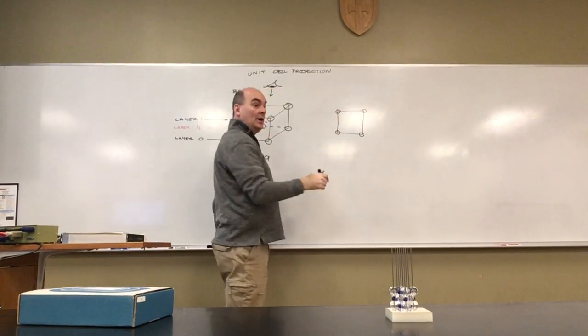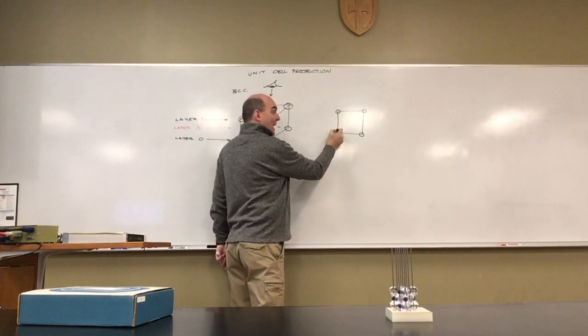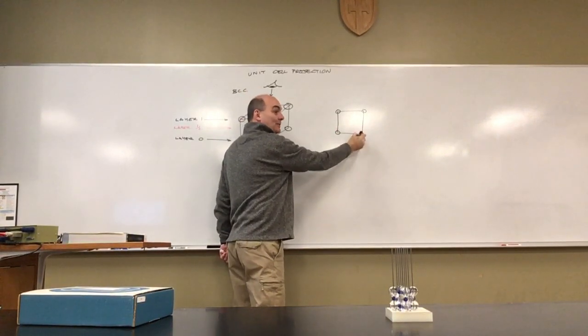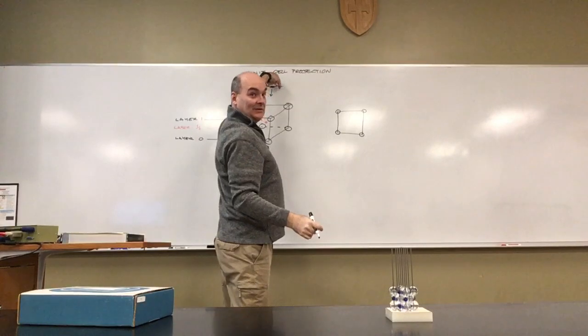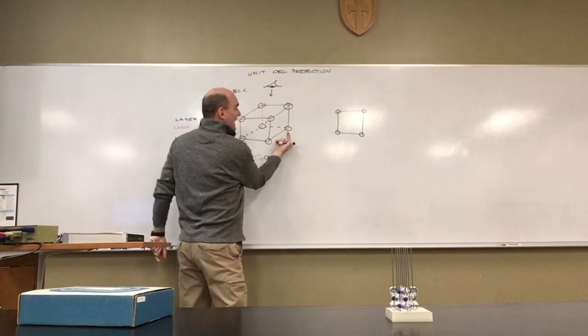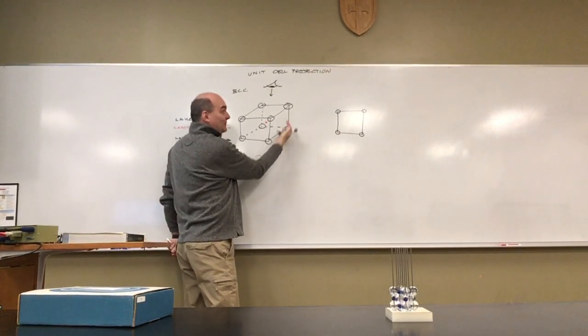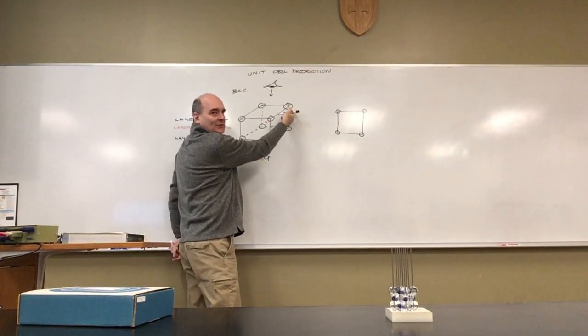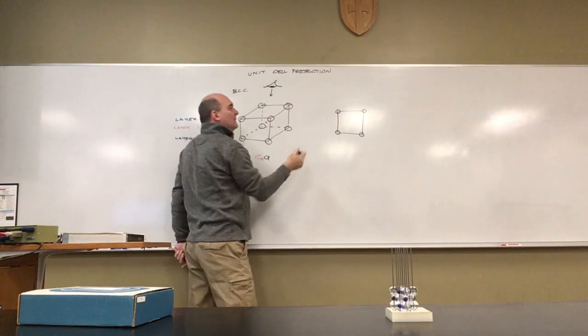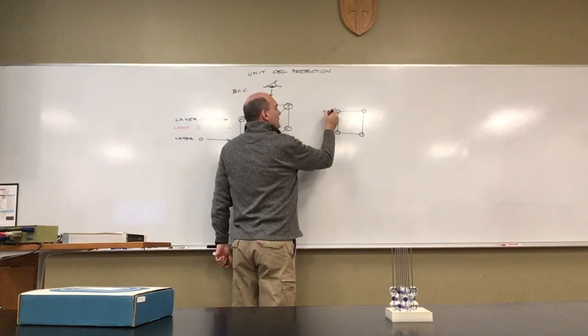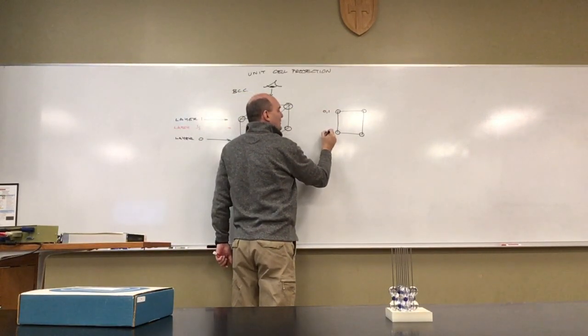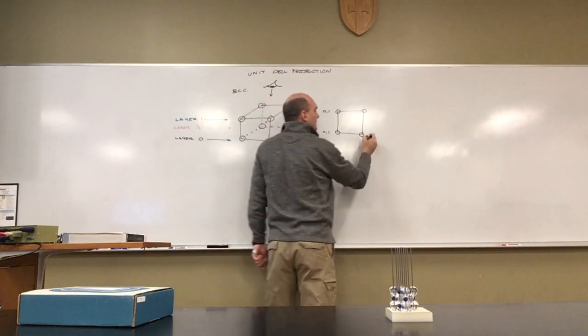On layer 1, there are also anions on every corner. But if I'm looking at it vertically, I cannot see these zeros, these layer 0 anions, because they're completely eclipsed by those. So I write that there is one of those at every 0 and every 1.